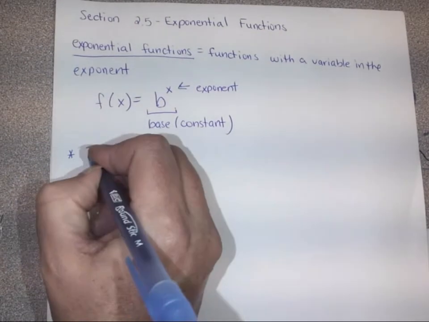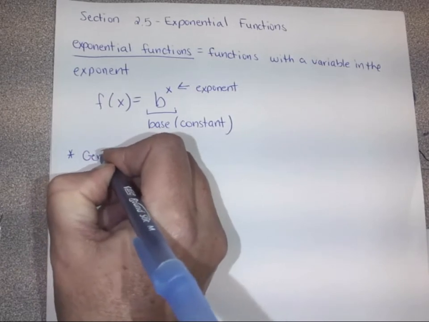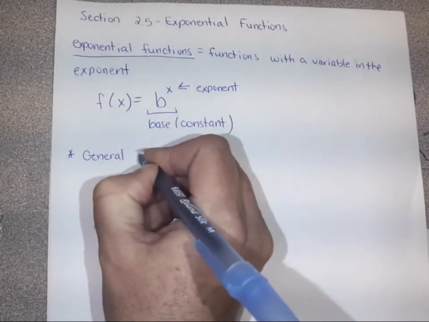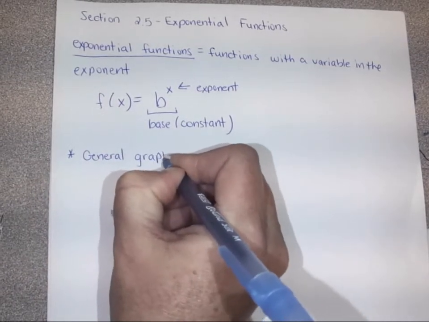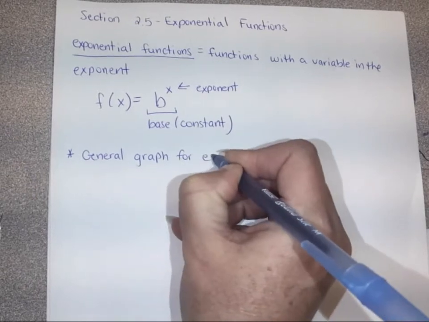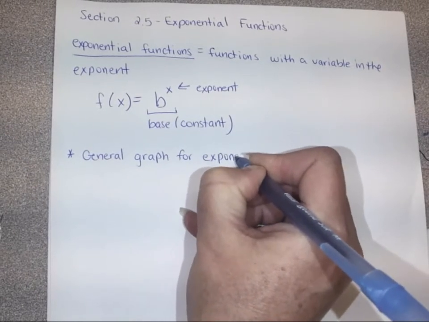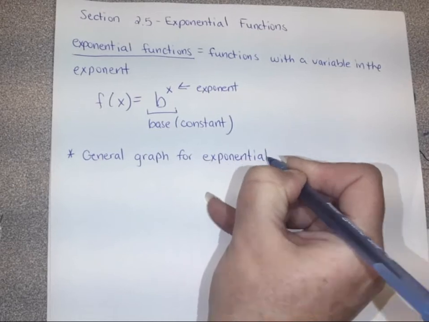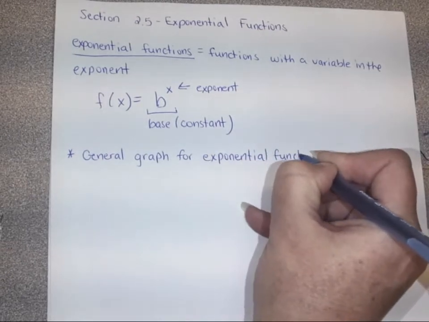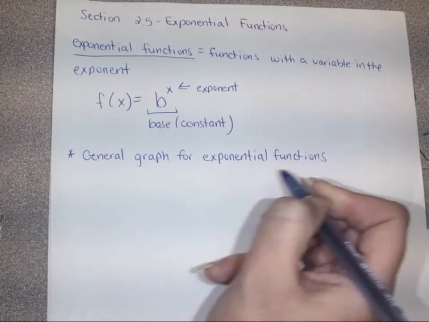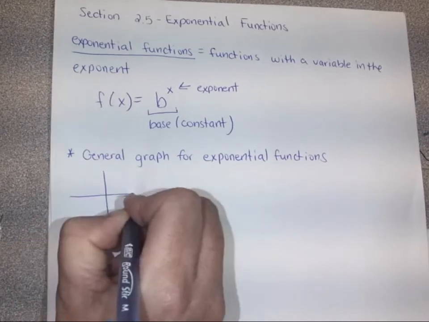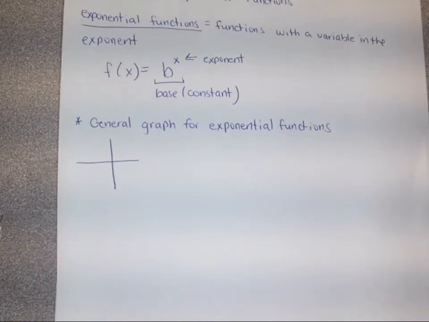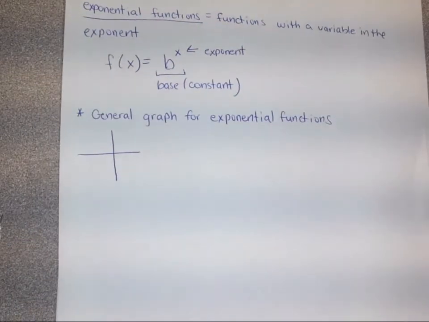So let's look at what the general graph is going to look like, and then we're going to practice graphing one of them. So the general graph for exponential functions looks like the following. So it crosses through, go ahead and grab one of those flyers.